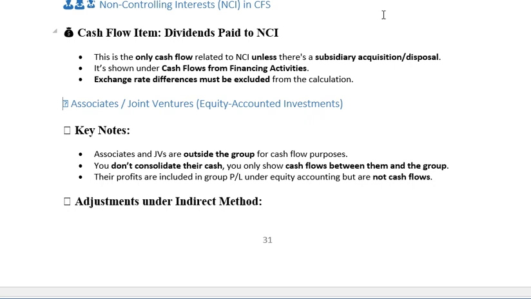They are not part of the group, even if you are a public company. You don't consolidate their cash, you only show the cash flows between them and the group, and their profits are included in the group's P&L account under the equity, but they are not cash flow.